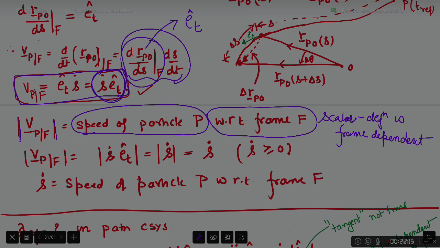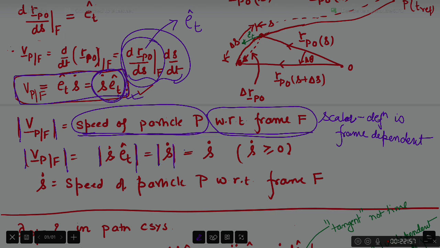Now this phrase, speed of particle with respect to frame F, is a statement which is actually independent of the coordinate system, right? Because a vector itself is coordinate system independent, so the magnitude is also coordinate system independent. However, if our working coordinate system is the path coordinate system, then the expression for the speed must be the magnitude of S dot ET, what we derived here, and that must be the magnitude of S dot.